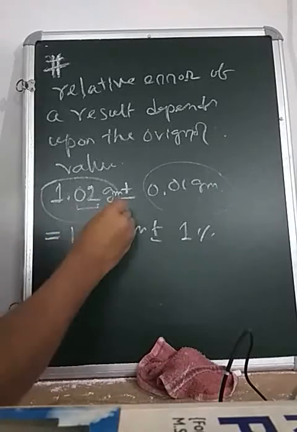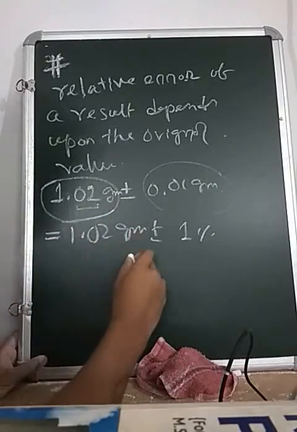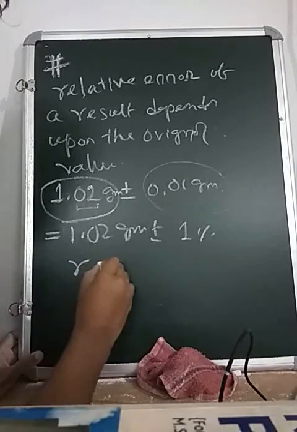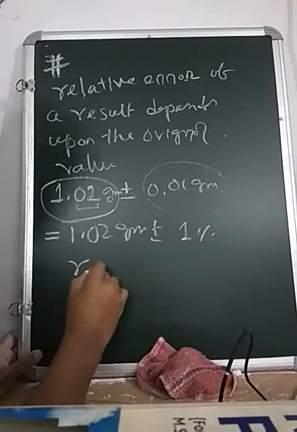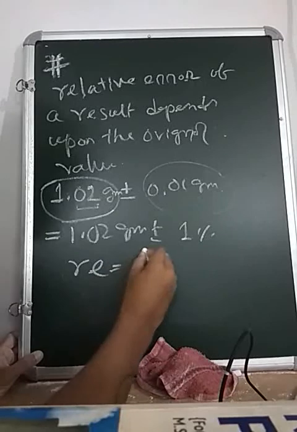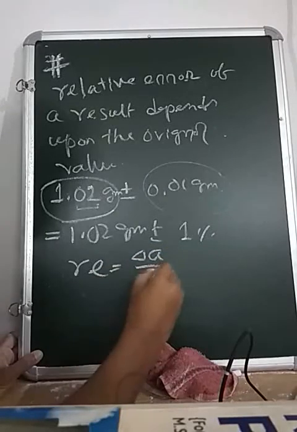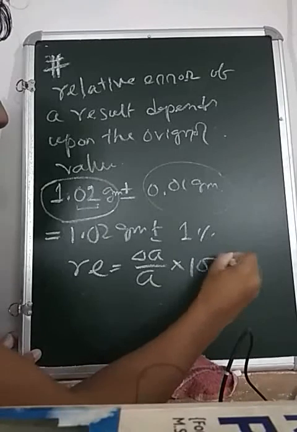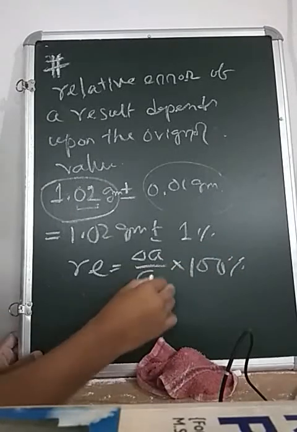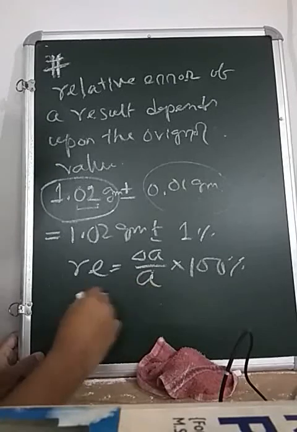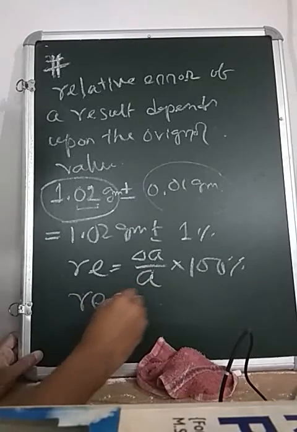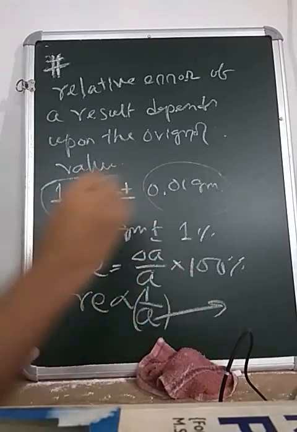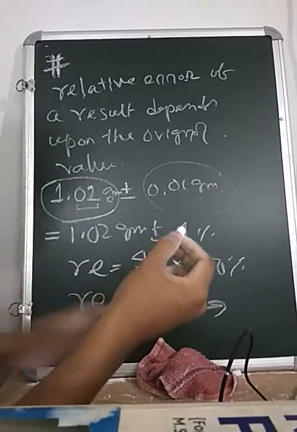How do we represent relative error? RE is equal to del A by A into 100%. For any quantity, the relative error is del A by A into 100%. So the relative error is proportional to 1 by A, the original value we get from the experiment.